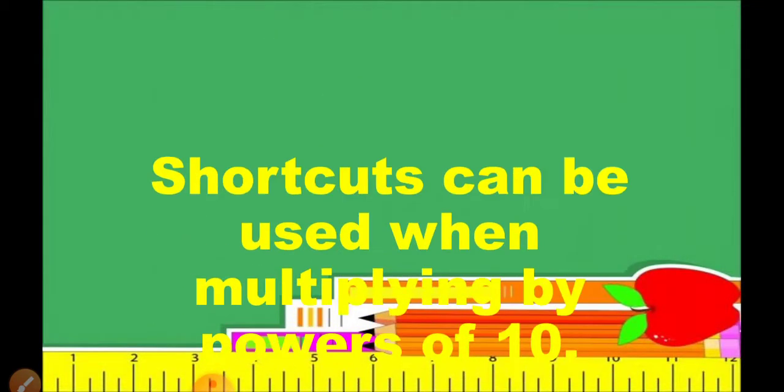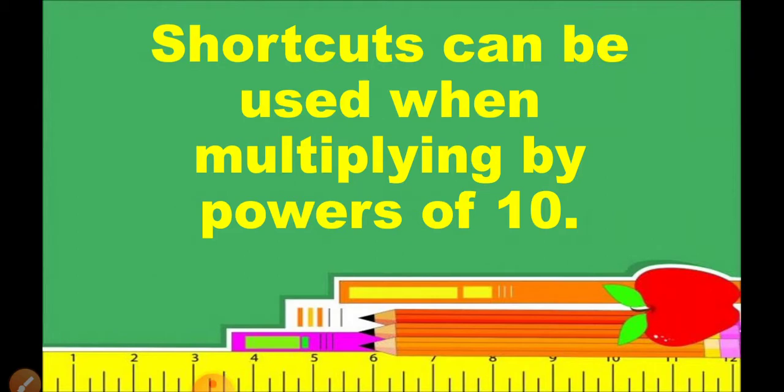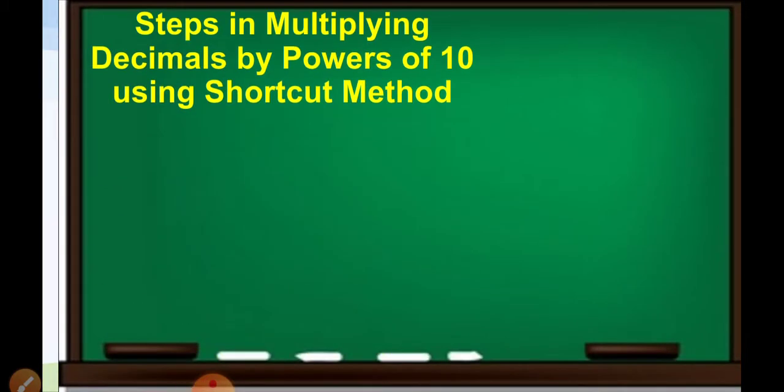Now let us proceed. A shortcut method can be used when multiplying by powers of 10. And these are the steps in multiplying decimals by powers of 10 using the shortcut method. When we say powers of 10, example 10, 10 is a power of 10 because if you write 10 in exponential notation, that is 10 to the first power.